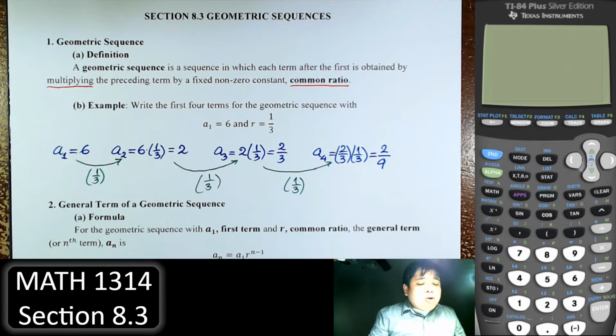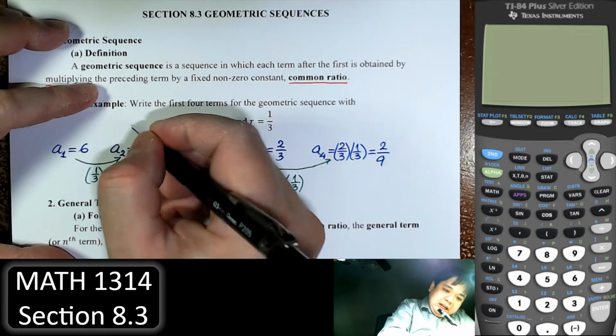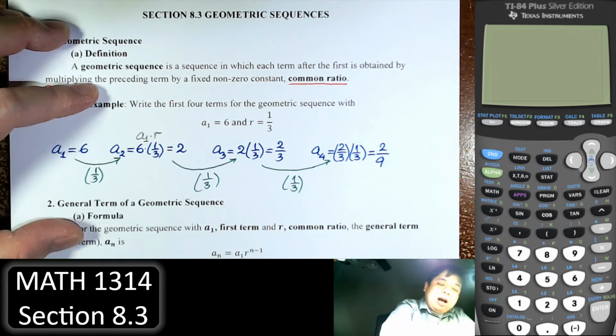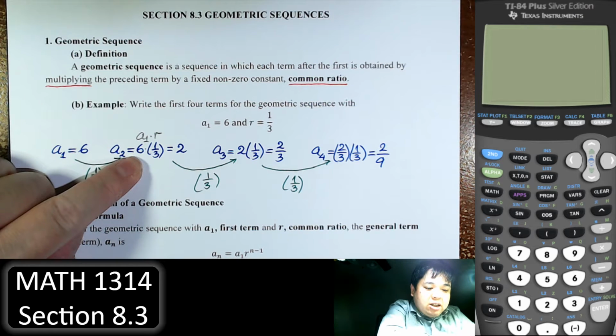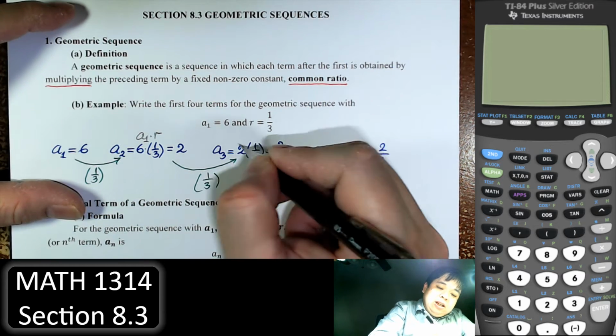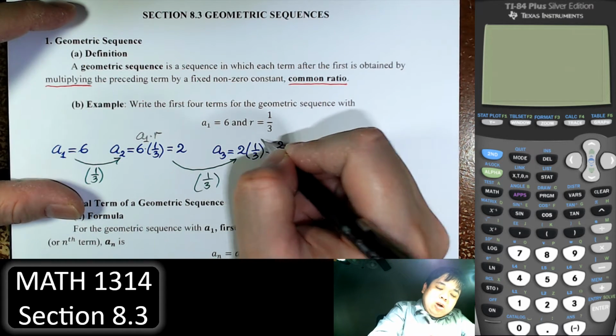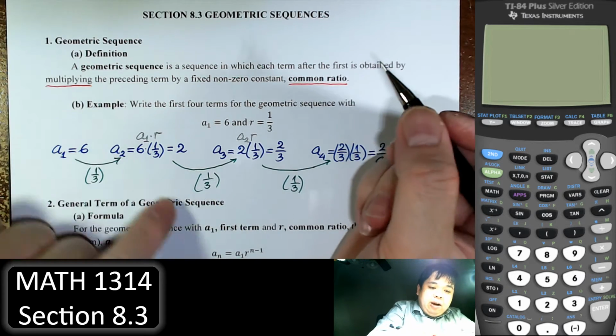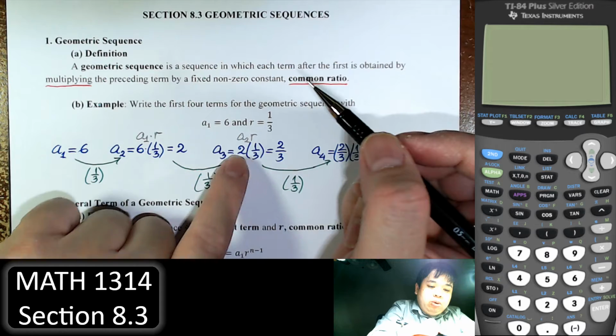Of course, we can also rewrite this as A1 times r, right? A1 is 6, the first term, and r, the common ratio, is 1/3. Now, this we can say is A2 times r, right? A2 is 2 and r is 1/3.